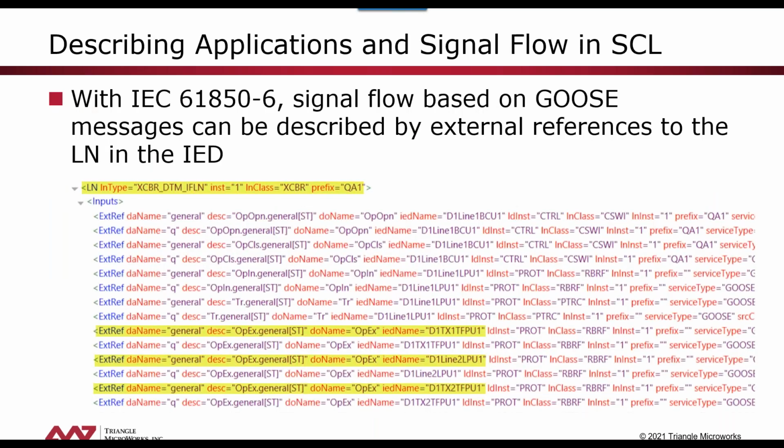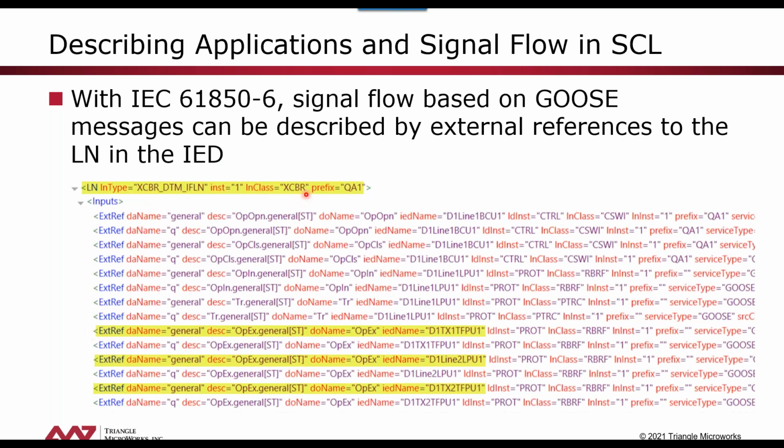What we can already do today in 61850, when we have a GOOSE message between the devices, is describe through the use of XREFs where signals are getting into a logical node.